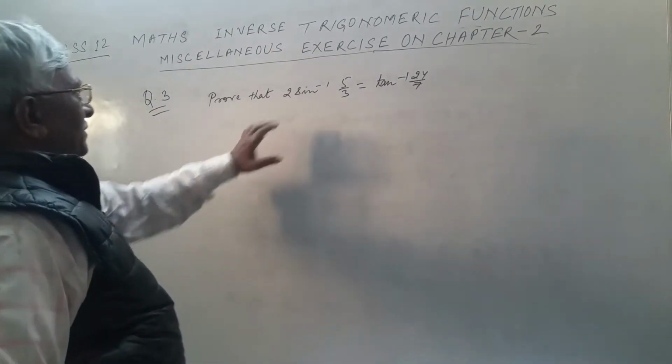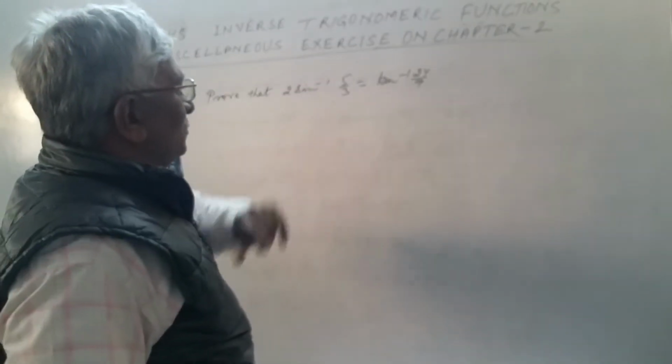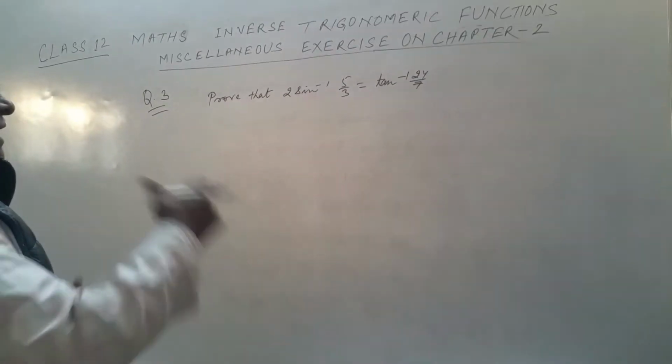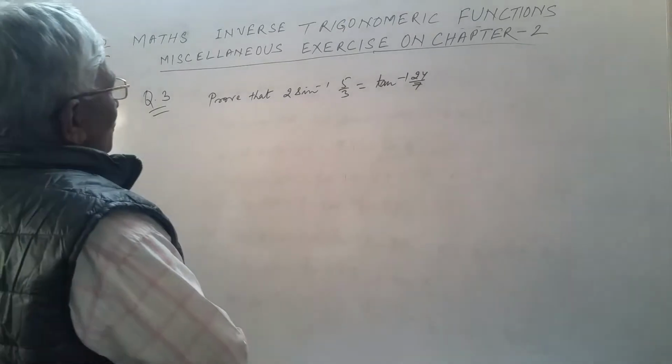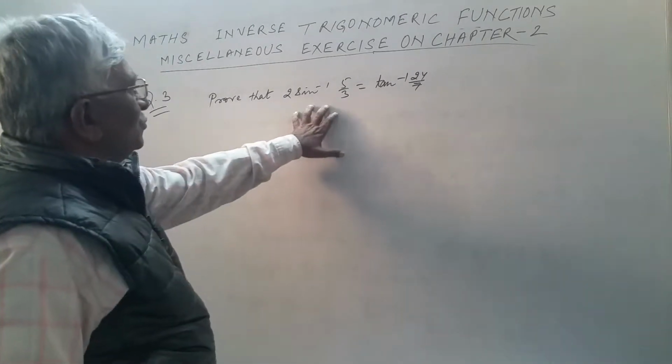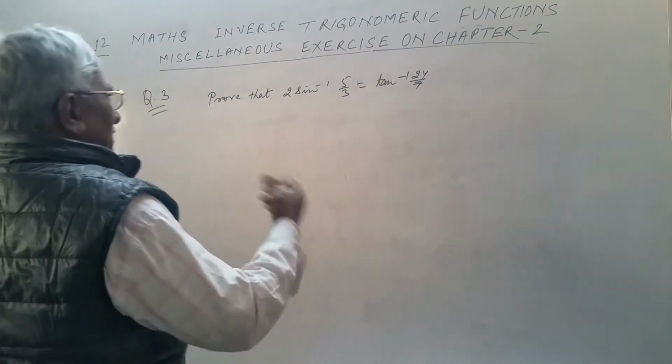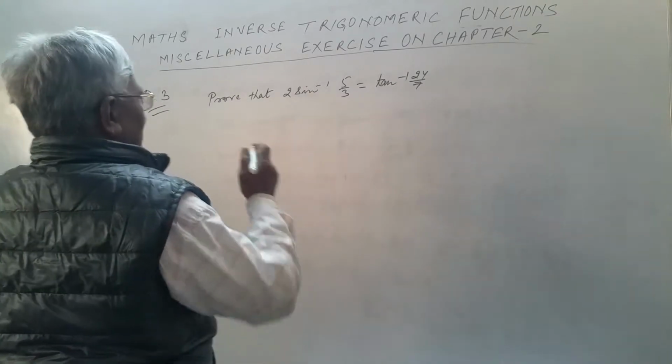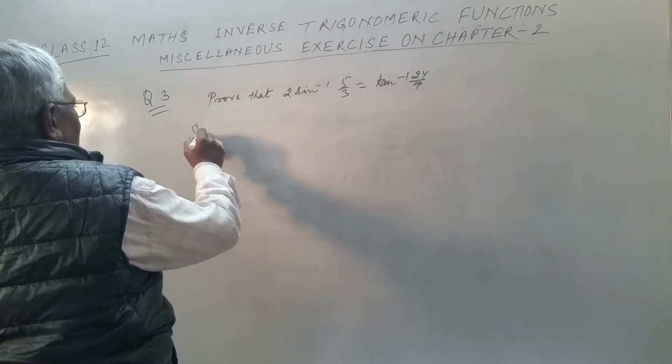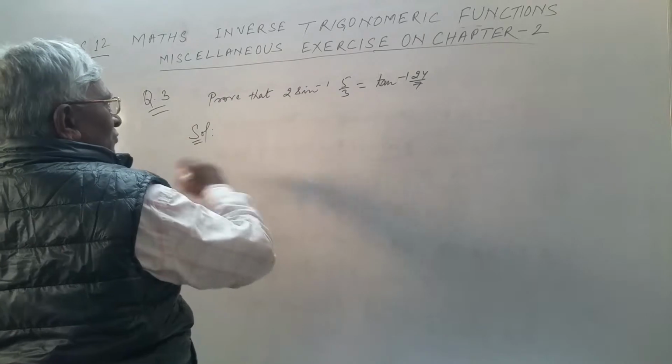Okay. Now, how to solve it? Here is sine inverse. We have to bring it to tan inverse. So from sine inverse we have to go to tan inverse. Then what to do?